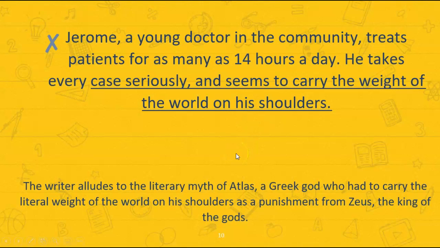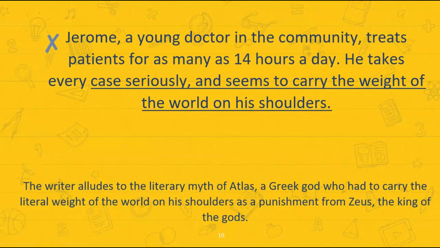For example, Jerome, a young doctor in the community, treats patients for as many as 14 hours a day. He takes every case seriously and seems to carry the weight of the world on his shoulders. So this is a little bit more subtle allusion. And here the writer alludes to the literary myth of Atlas.